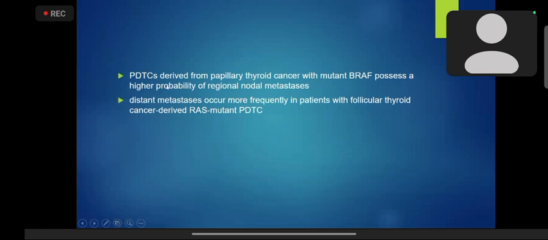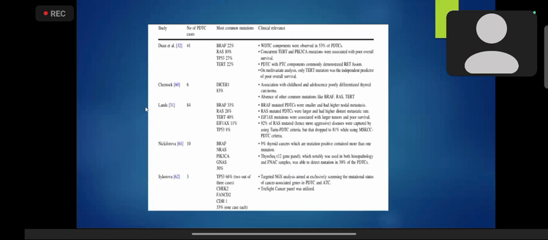So poorly differentiated thyroid cancer derived from papillary thyroid cancer with BRAF mutation possesses a high probability of regional nodal mets because it belongs more to the PTC type, and RAS type belongs mostly to follicular thyroid cancer, so distant metastasis is more frequently common in this subtype. So these are the studies which have studied molecular mutations in poorly differentiated thyroid cancer, and they made their own conclusions.